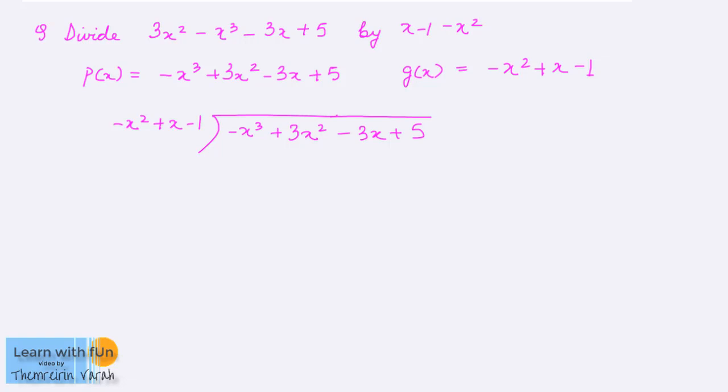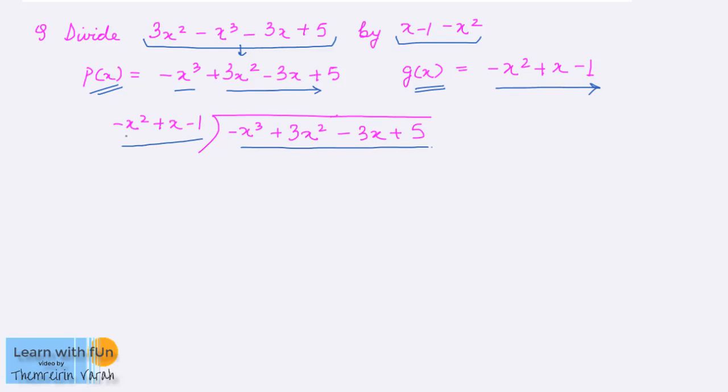Now let's take the question: divide 3x square minus x cube minus 3x plus 5 by x minus 1 minus x square. The one we divide is p x and the one we divide by is g x. We rearrange p x so the powers of x are in decreasing order, and we also rearrange g x, the polynomial we divide by, in decreasing order of the powers of x. Okay, now to divide, first we take minus x square and multiply it by x to get minus x cube.